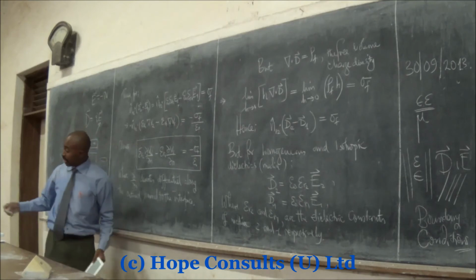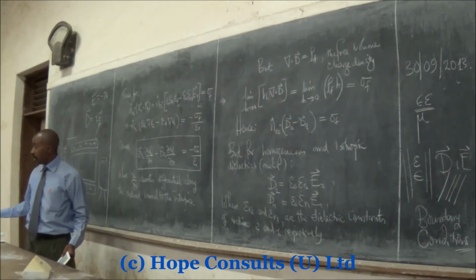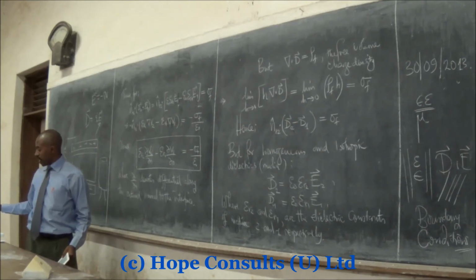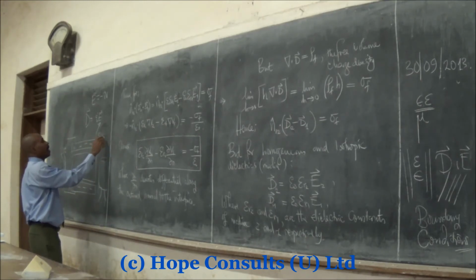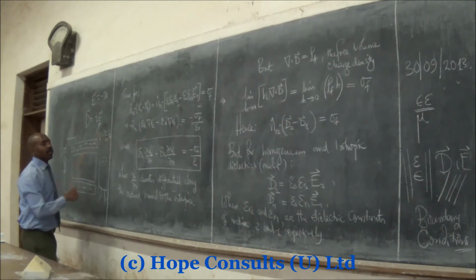So we are looking at it as being normal to the interface, and that is by saying that the gradient of V along the normal is dV/dn.